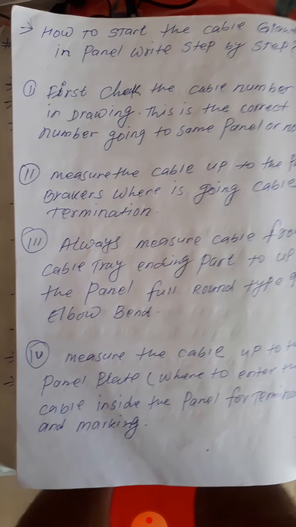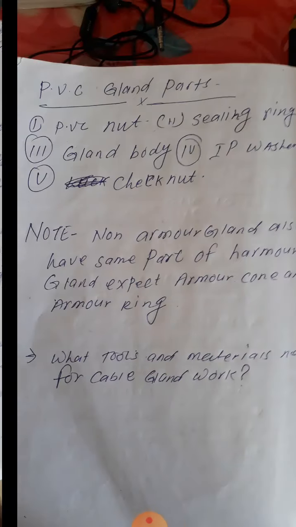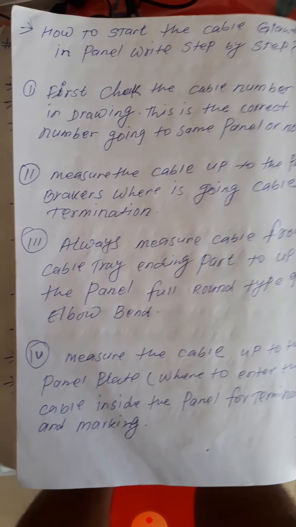If it is correct, okay, the first one is done. Then take the cable up to the panel breakers where the cable termination will be. You can open the panel and check whether the cable is the correct length or maybe short. Check this first, and after that you start to gland.